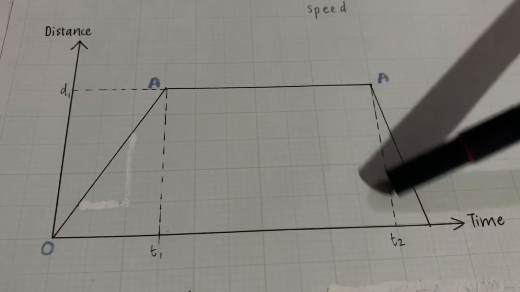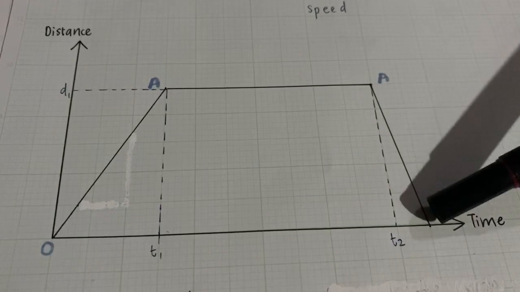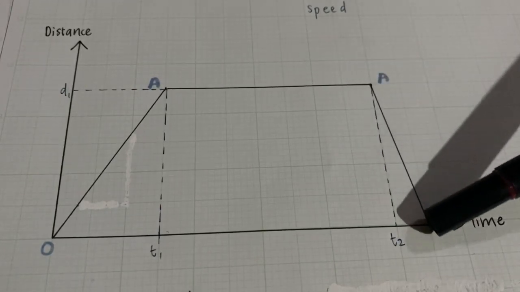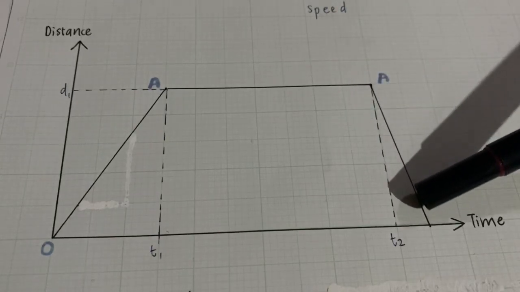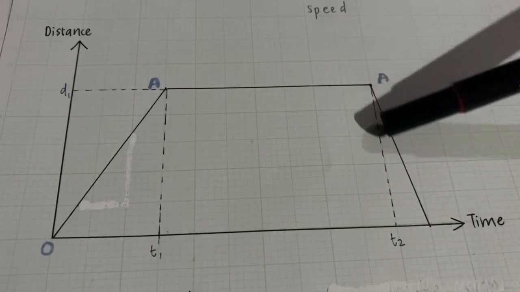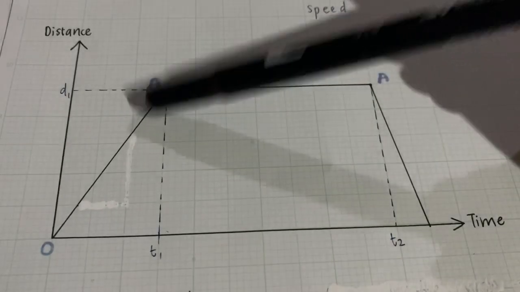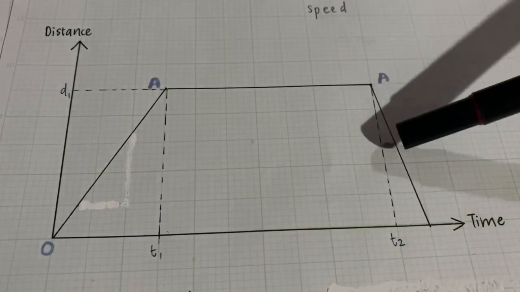And for this last part of the graph, you see a downward slope. So it's going back. The distance is going back to the origin. You are moving from point A, going back to your original position. However, since the slope is still a straight line, it is going at a constant speed. But look at the first and the third part of the journey, it is a different slope.